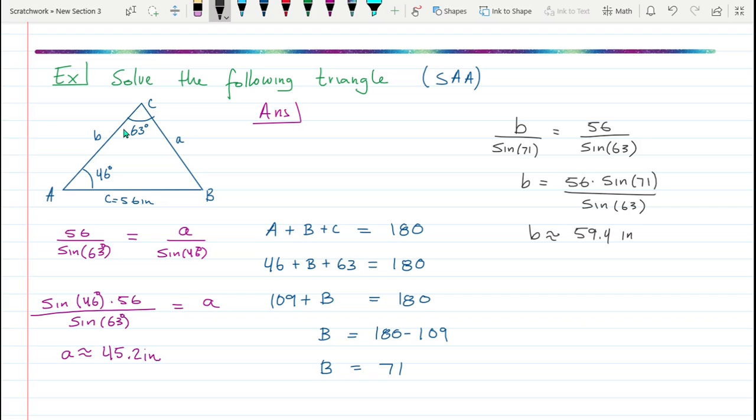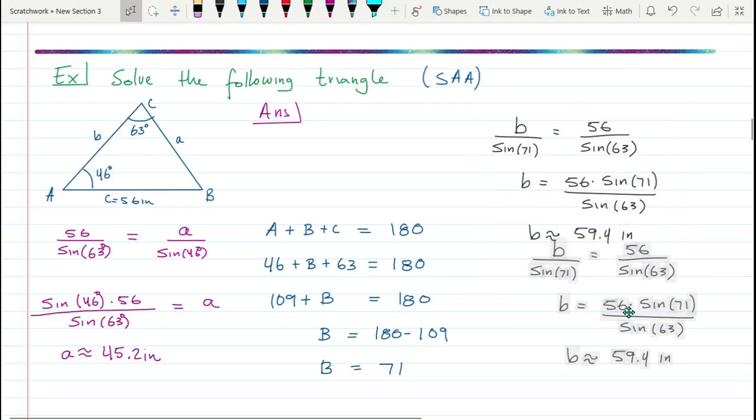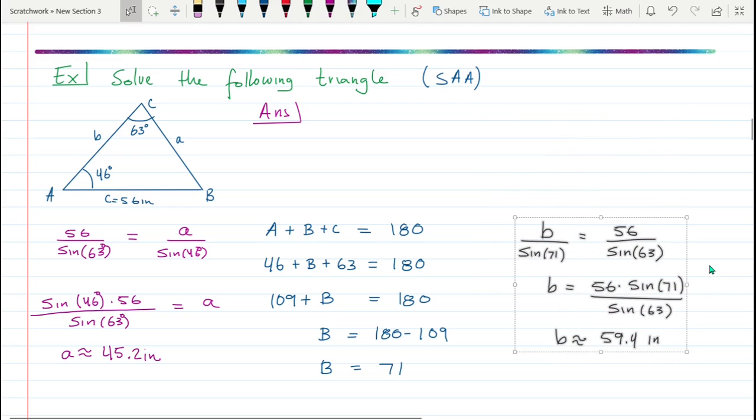So we have solved the triangle completely because we know everything about it. We know its 3 angles and its 3 sides, and that's all there is to solving a triangle.